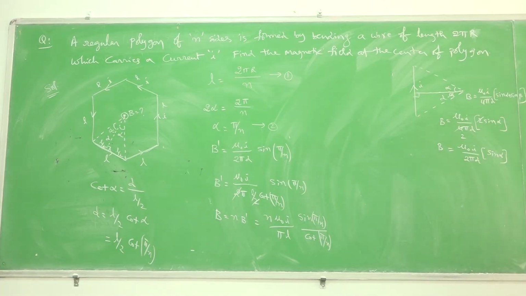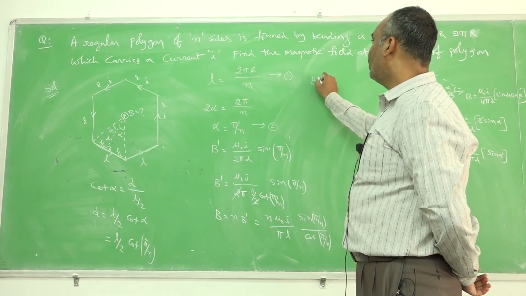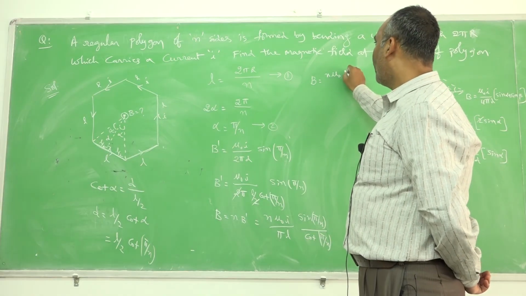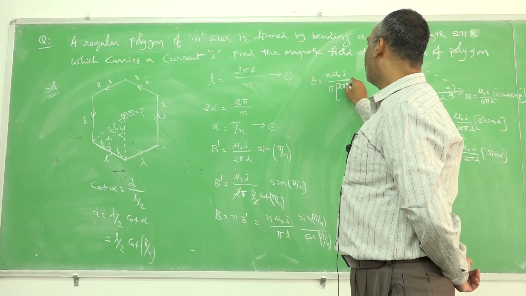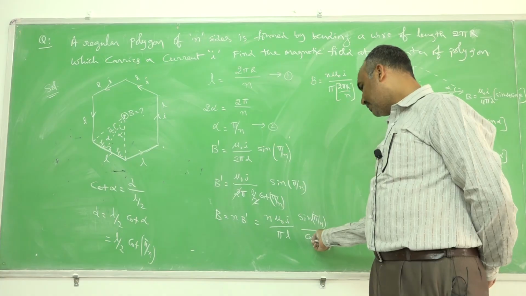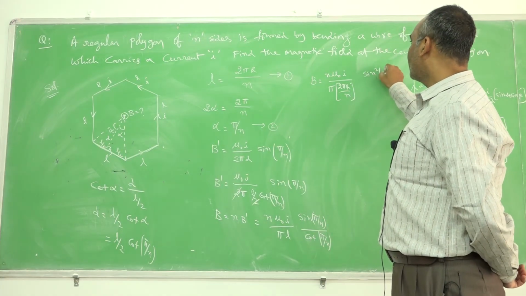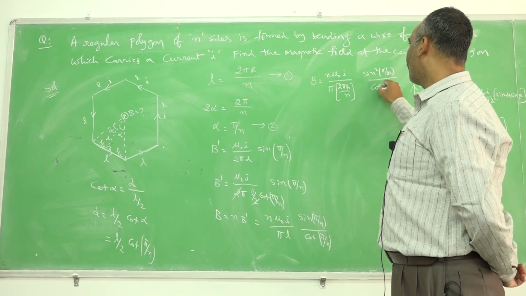Already we know that L is equal to 2 pi r by n, that also you substitute here. So the net field is given by n mu naught I by pi into, in the place of L, 2 pi r by n I can write. So that sin will go up, sin square pi by n by cos pi by n.